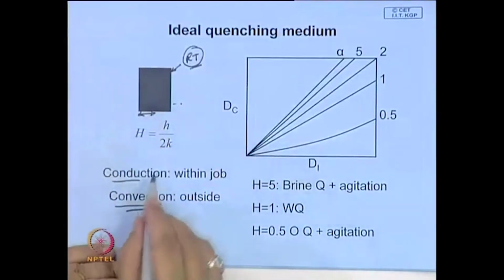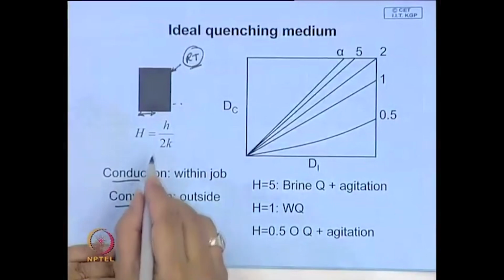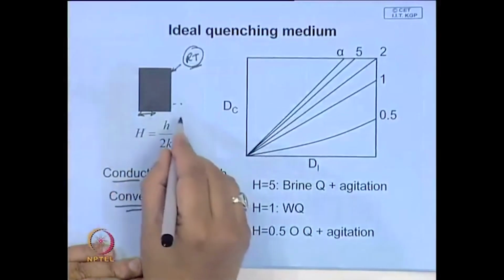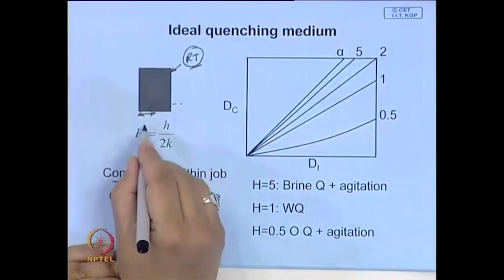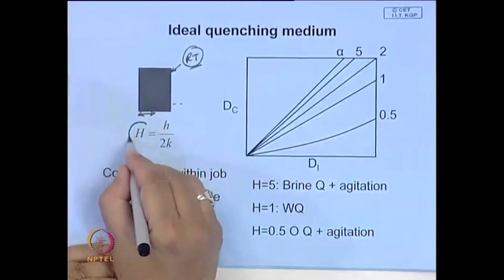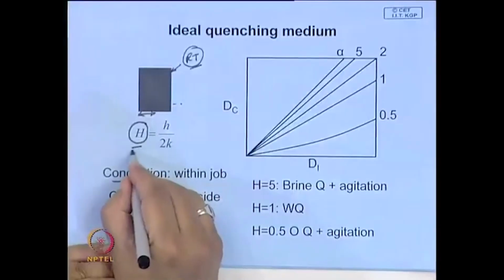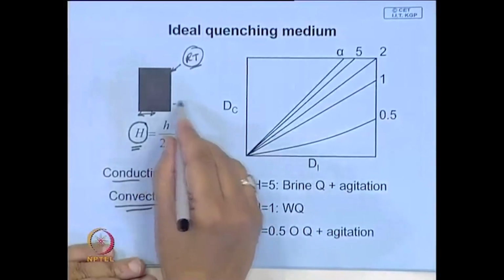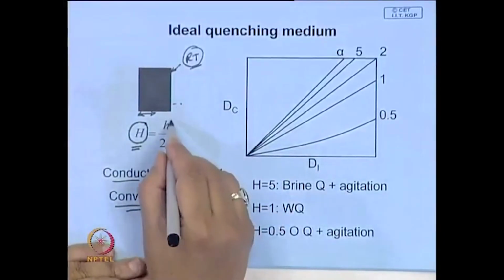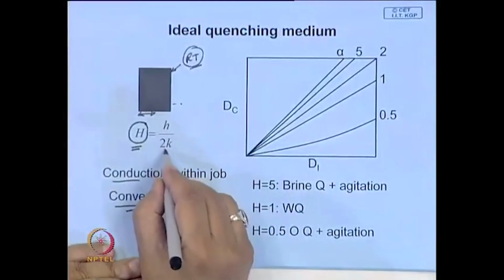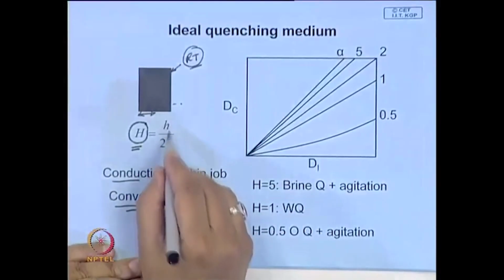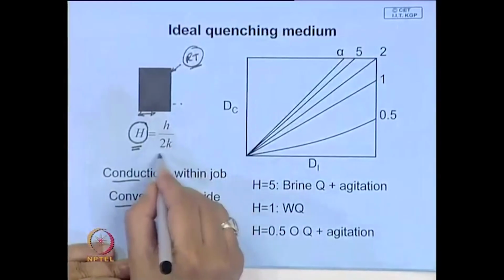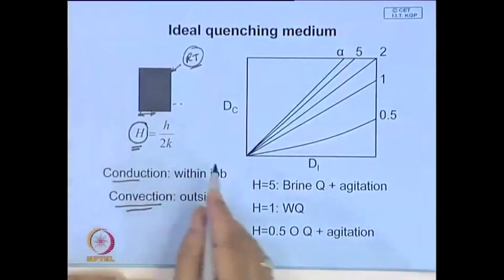within the job. So, we can think of a quenching severity parameter defined as H, which we take as the ratio of the convective heat transfer coefficient h and the conductivity of the job. So, h by twice K is defined as the quenching severity.